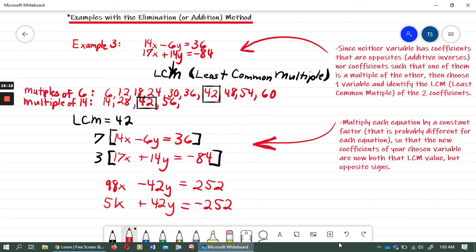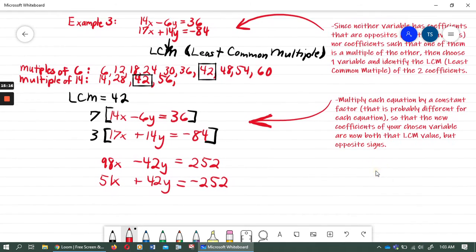Alright, so we've multiplied both of these equations by their constant factor, and at this point we've got it so that both of these coefficients are your LCM.